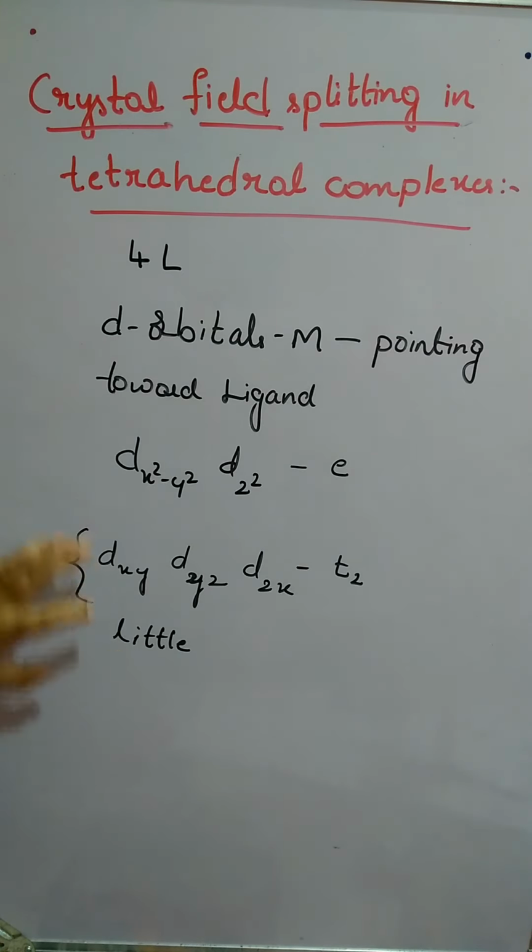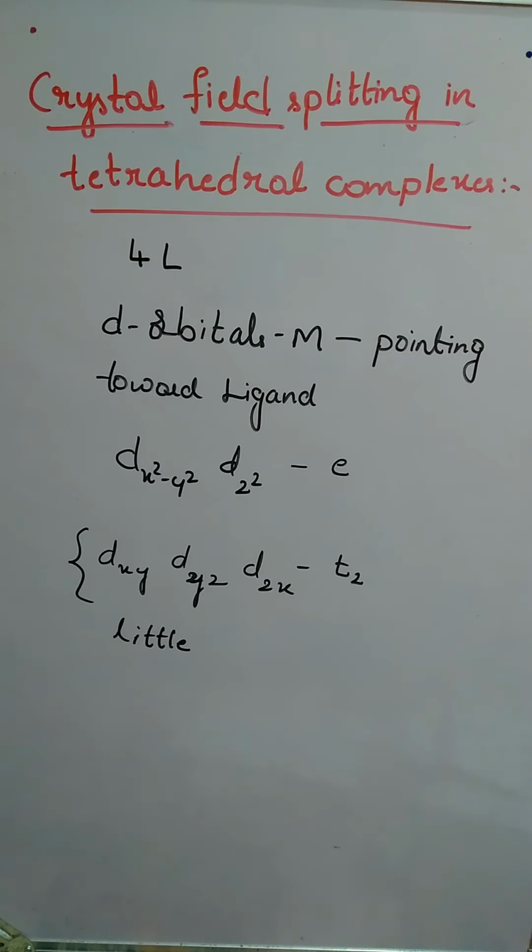So the first thing you should remember is that the ligand is not pointing exactly towards the d orbitals of the metal. If it is not pointing towards the d orbitals of the metal, then the splitting energy will be less, that is, the crystal field splitting energy will be less than in the octahedral complex.